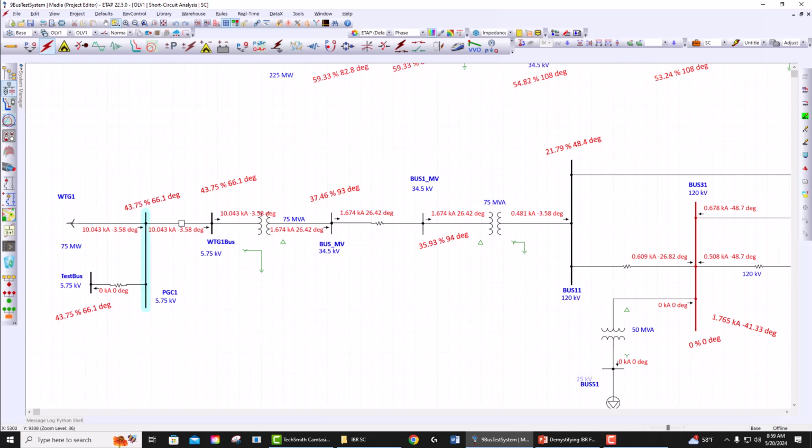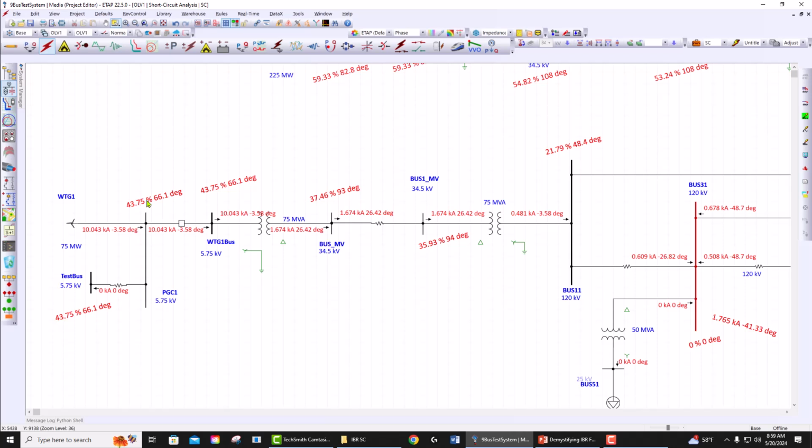When we are looking at the IBR, I have about 43.75% voltage, and this means that I have about 56% voltage drop. So if I have a 56% voltage drop, times 2 is less than 120.